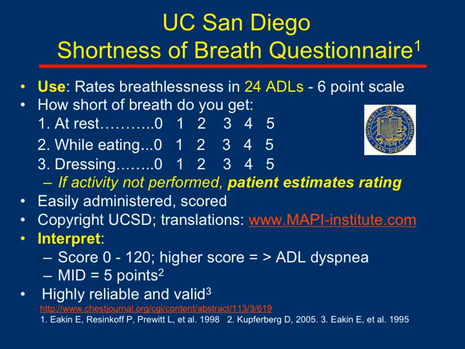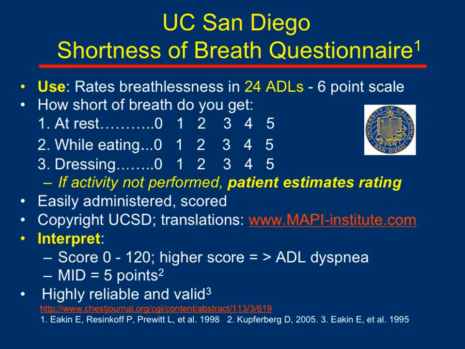So this is a much more robust scale called the University of California, San Diego Shortness of Breath Questionnaire. This is looking at 24 activities of daily living and having the patient rate their breathlessness. It's a 6-point scale. So the patients are asked, for example, how short of breath do you get at rest, while eating, while dressing?